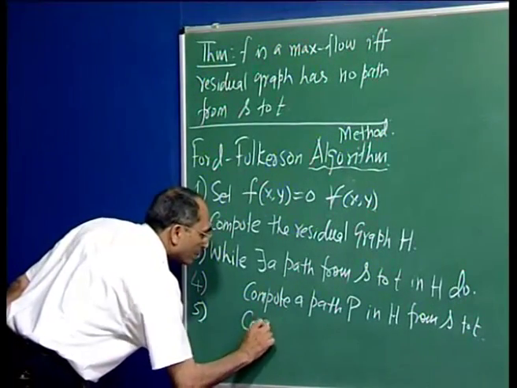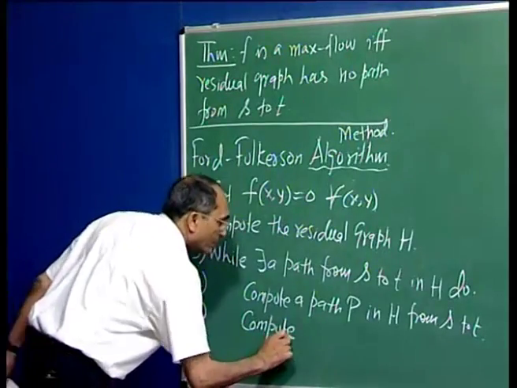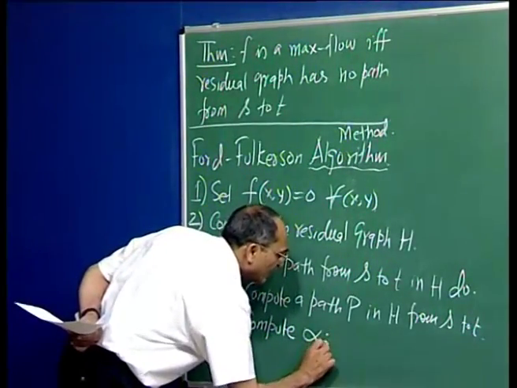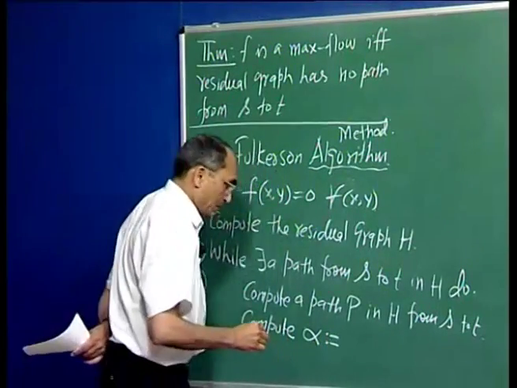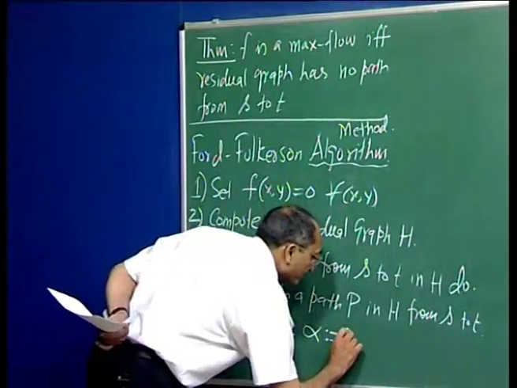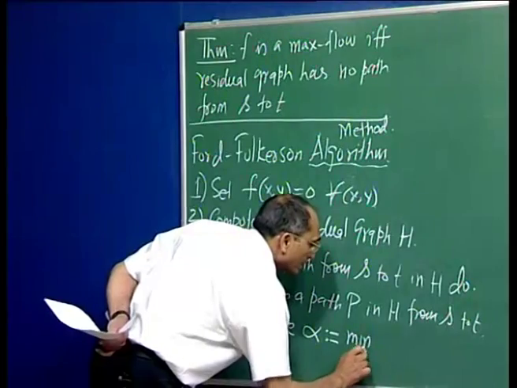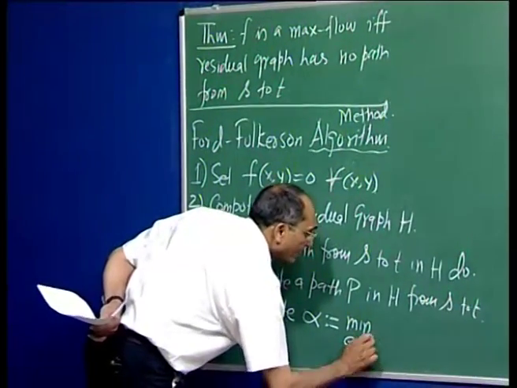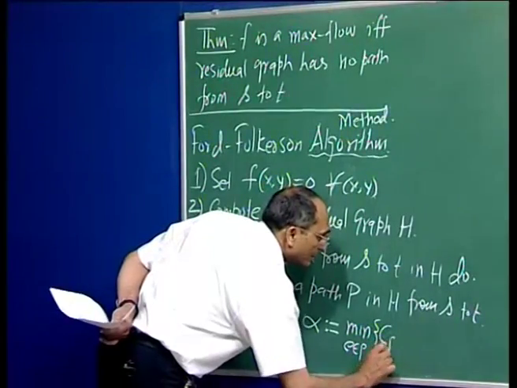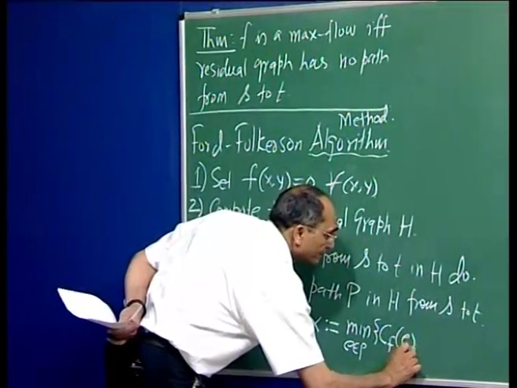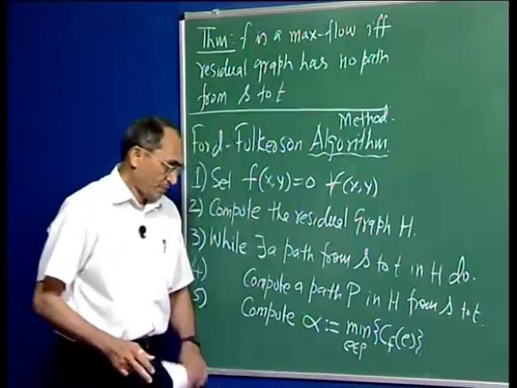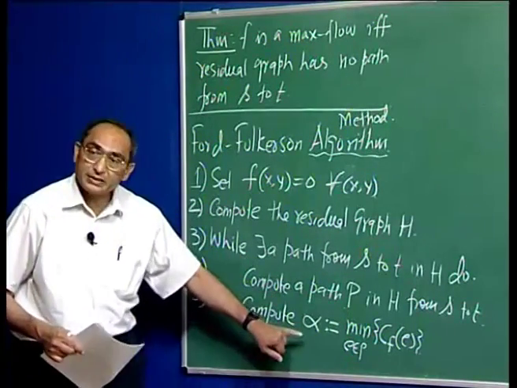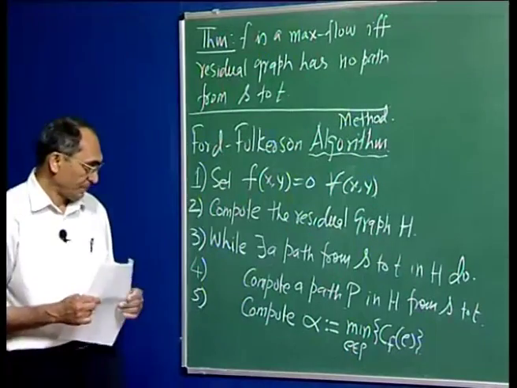Compute alpha equal to the minimum of all the edges in P, the residual capacity of E. So, all the edges on this path have residual capacity alpha or more.